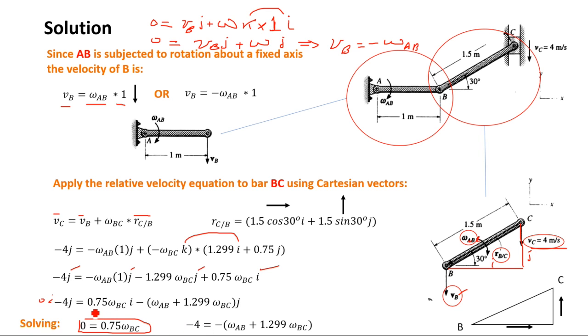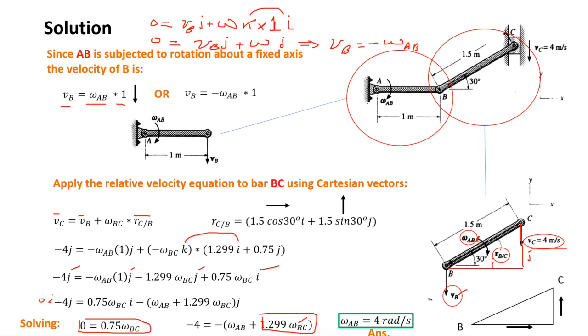On the other side, we have minus 4j equal to minus omega AB plus 1.299 omega BC, times j. Since omega BC is found to be 0, that part goes to 0, and we say that omega AB is equal to 4 radians per second, and done. That's the answer for this question.